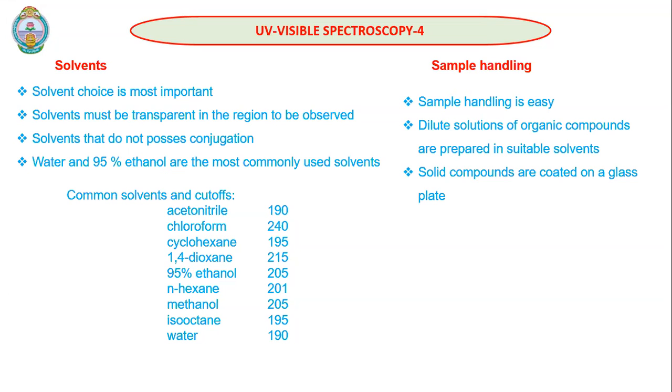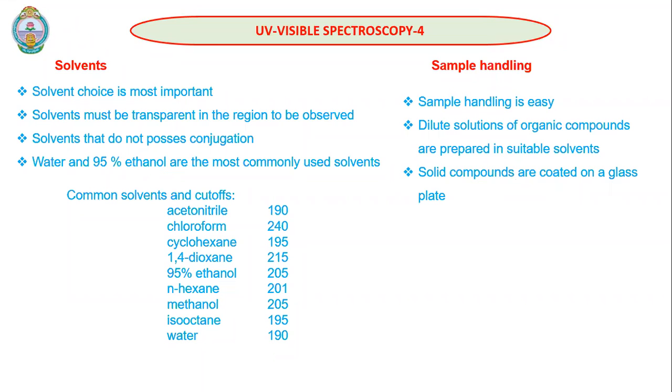Sometimes some inorganic or organic compounds may not dissolve in any of these solvents. Then what do we do? If they are not soluble, we can coat them on a glass sheet and place that glass sheet in place of the cuvette, so we don't use a cuvette.